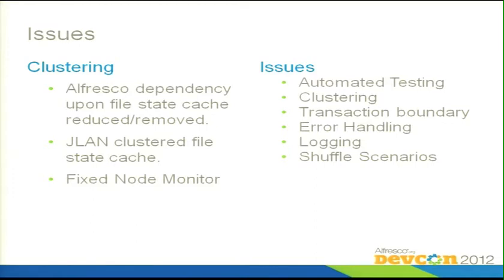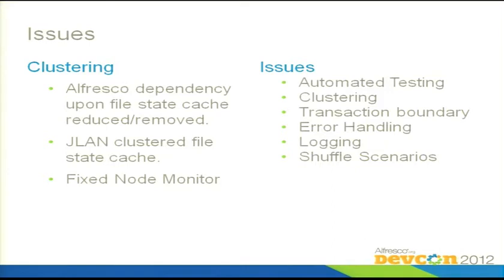Also, we tended to have paths to node refs being looked up via the file state cache, which, although nice in terms of performance, you can't do on a transactional system because the data is potentially out of date. So quite a lot of the work was to work out what should have been cached in JLAN and cache only that.